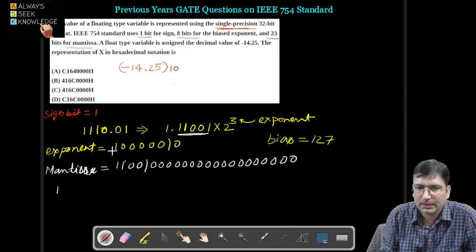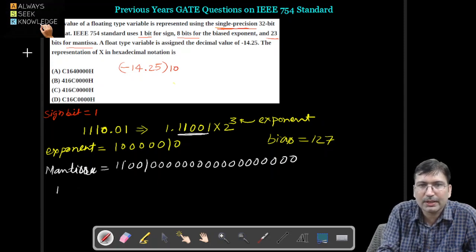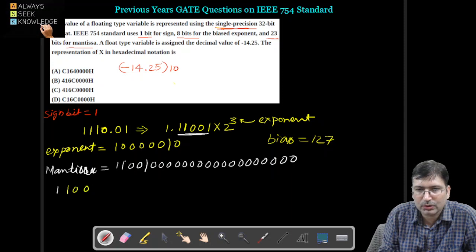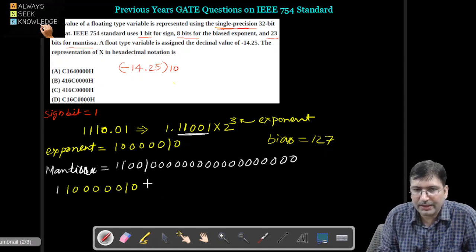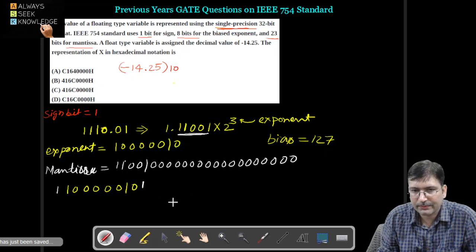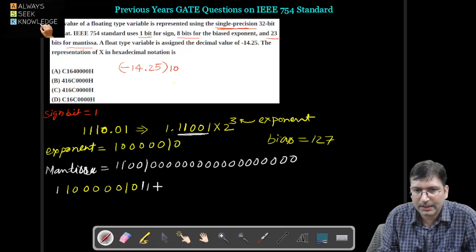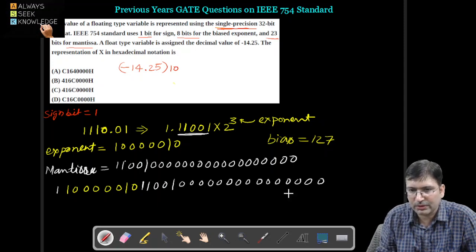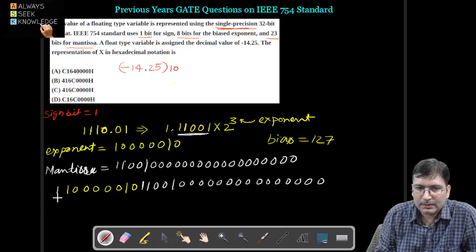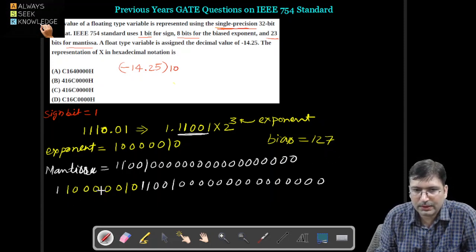Then the exponent is 1 0 0 0 0 0 1 0, and then the remaining mantissa part is 1 1 0 0 1 followed by zeros.